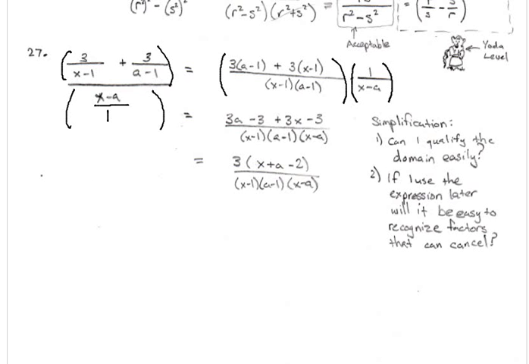A lot of times when I do it, I just say, oh, I have a over b divided by c, and I think of it as a over b times 1 over c. I just think of it as if I have a over b as a single quantity, this is the same thing as a over b times 1 over whatever I have here.